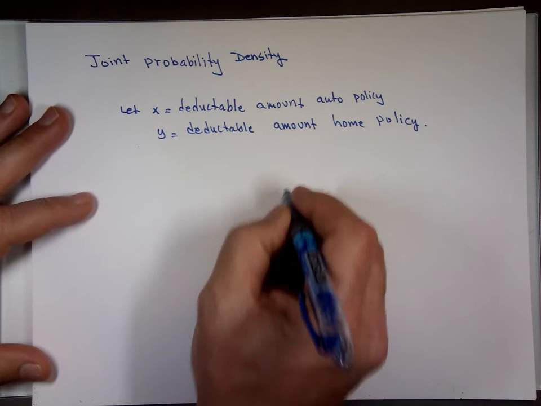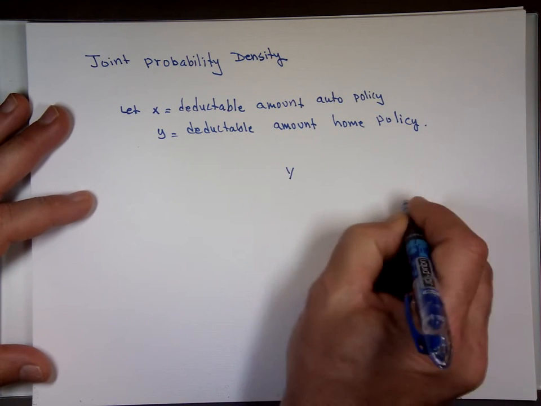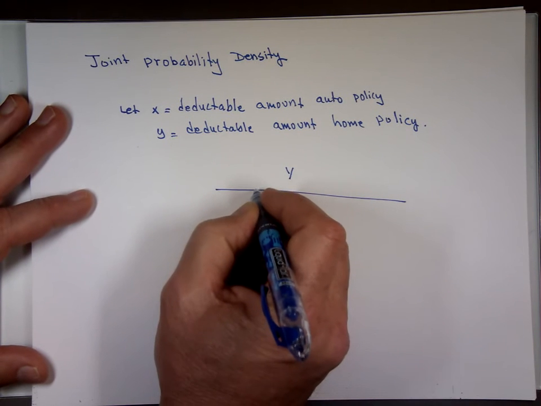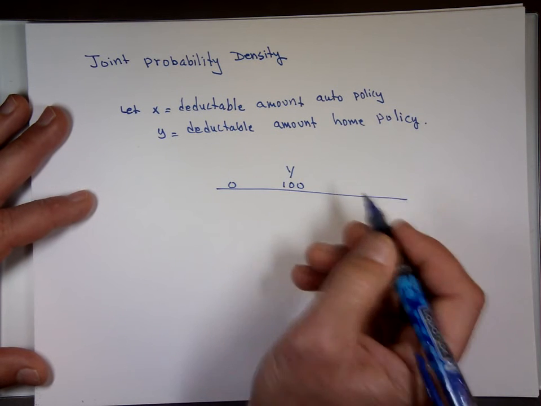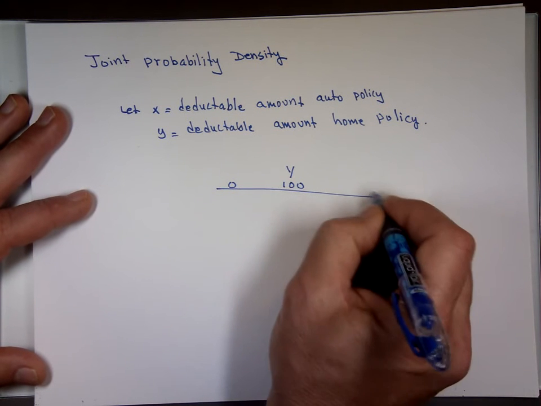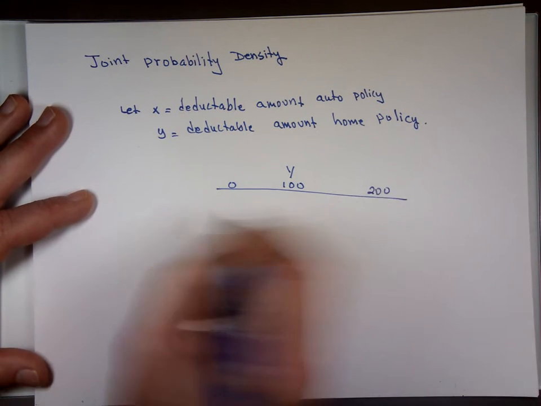Let's just throw some numbers. There could be a $0 deductible, a $100 deductible, or a $200 deductible. It could be 500, 1,000.